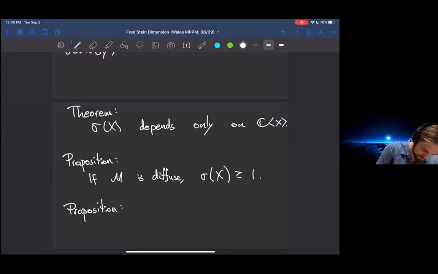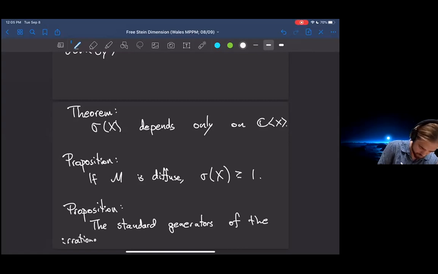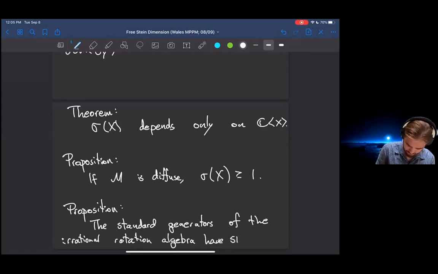So for example, we know that the standard generators of the irrational rotation algebra have free Stein dimension 1.